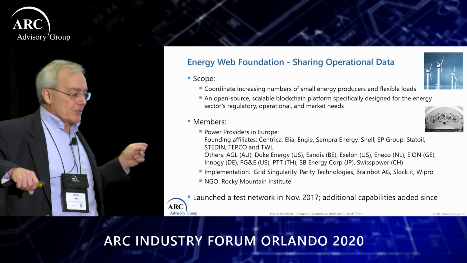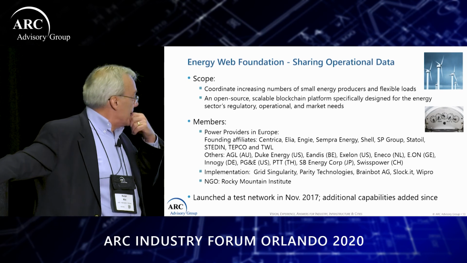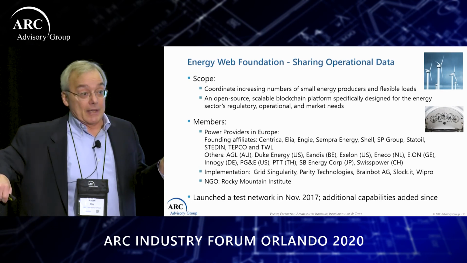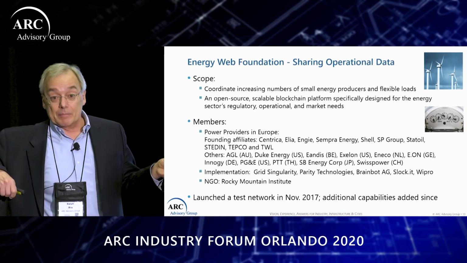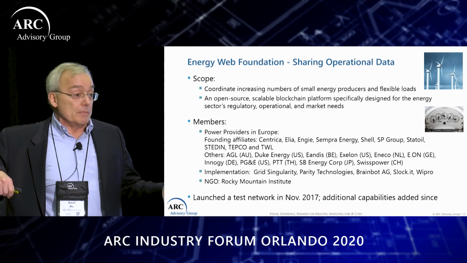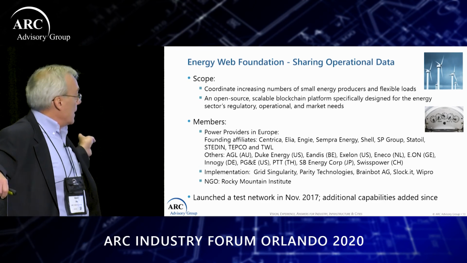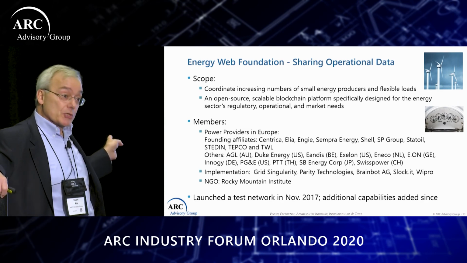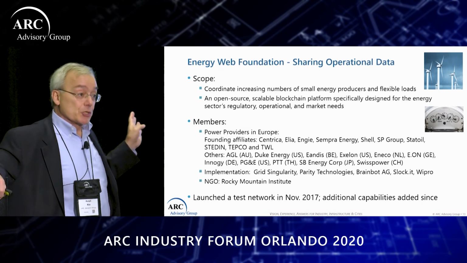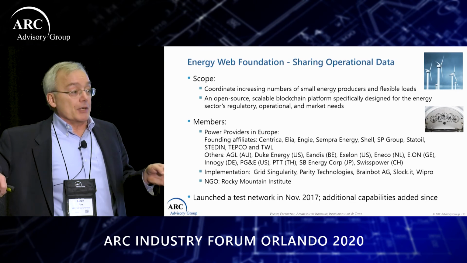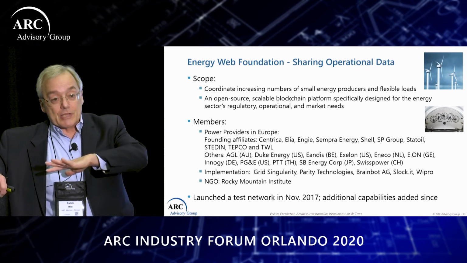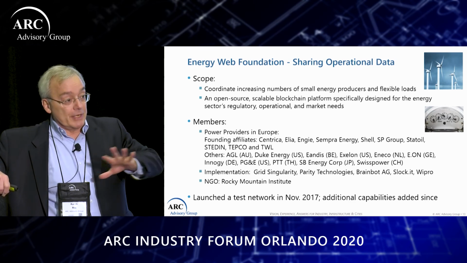All right. This one is the sharing of operational data. In Europe, there is a lot of distributed power generation, a lot of it being green, windmills and solar farms. Right from the control system, they're making transactions into the blockchain so everybody knows how much power is being put in.